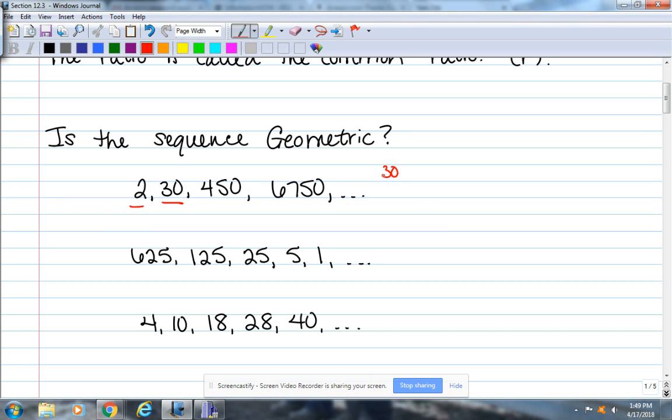So what's 30 divided by 2? 15. And then test another one by doing the third one. 450 divided by 30, is that also 15? Yes. Is 6,750 divided by 450 also 15? Yes. It is. So that's just double checking to make sure you are multiplying by 15 every time. So yes, this one is geometric, and the common ratio is 15.